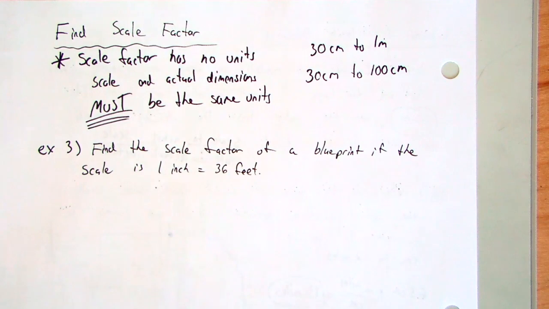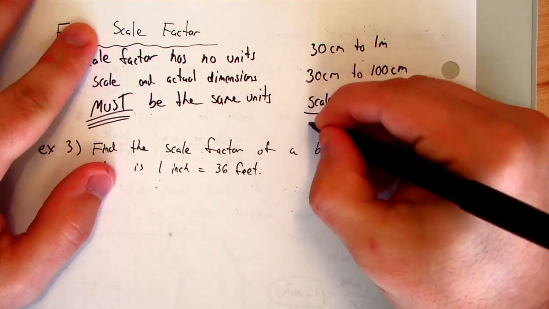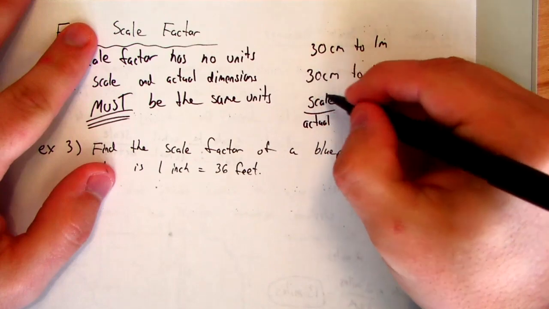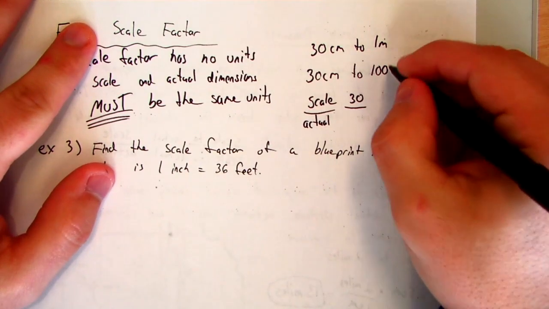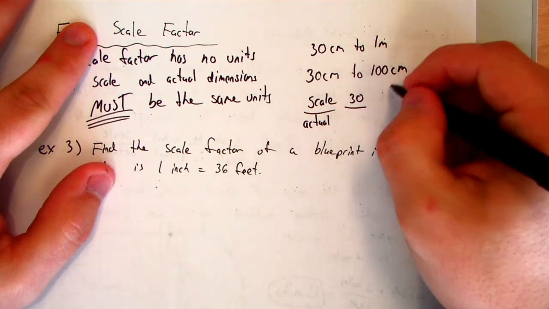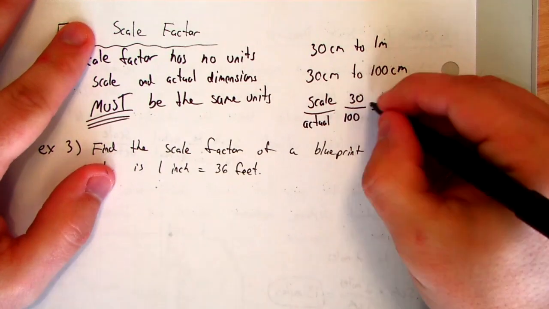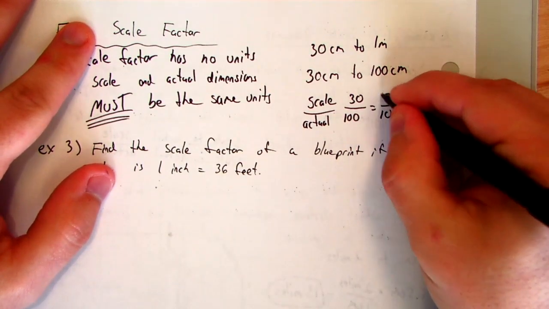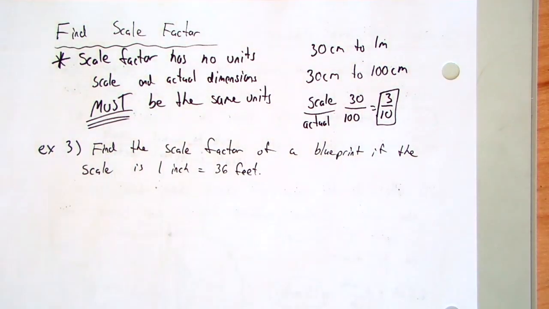Now, if you recall from finding the scale earlier, I still want to do the scale to the actual. The scale is always the first number, and that's 30. The actual is always the second number, and that's 100. If I go ahead and simplify this, this is going to be 3/10. That right there is the scale factor.